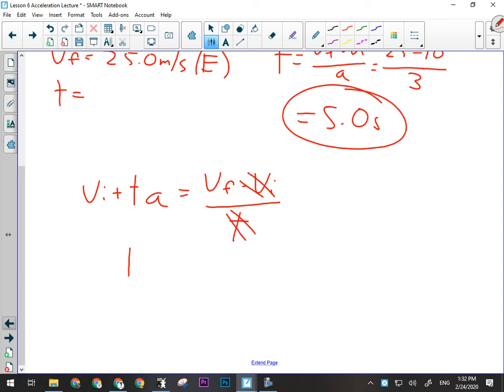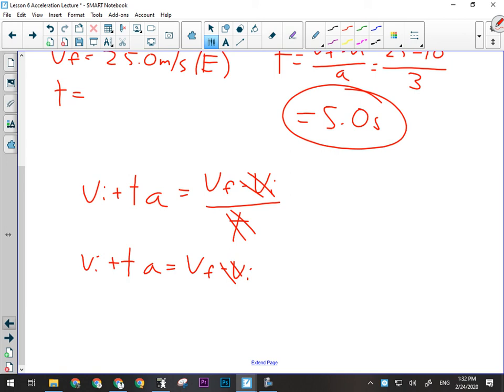If I'm looking at this, T times A equals VF minus VI. That's the change in velocity, right? So T times A equals the change. If I want to find the final, I should add whatever I started with to the change to get me the final.